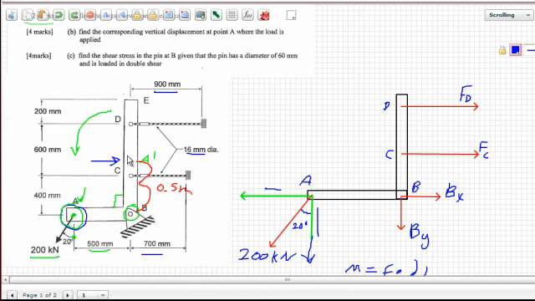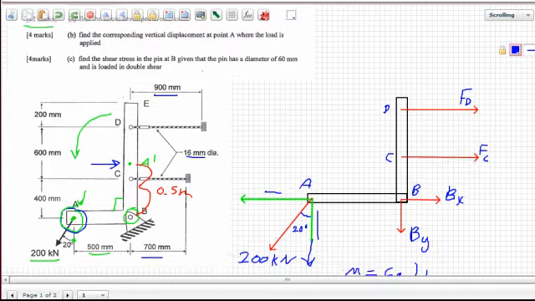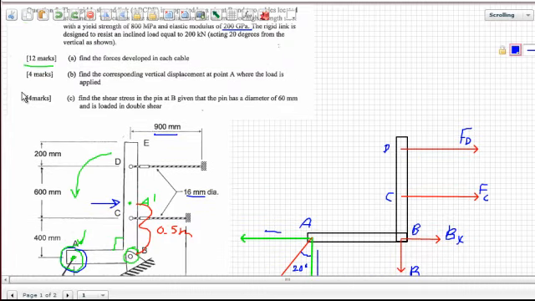So I know that the displacement of my new point, which is A prime, will be exactly the same as point A. So if you were to actually calculate directly what the displacement of point A is, or maybe you were to run an experiment, you would find out that point A indeed would move by 8.713 times 10 to the power of -4 meters. So that's another 4 marks.